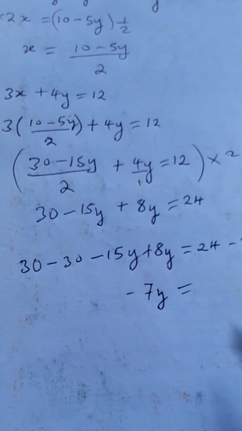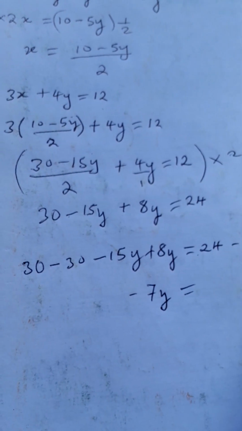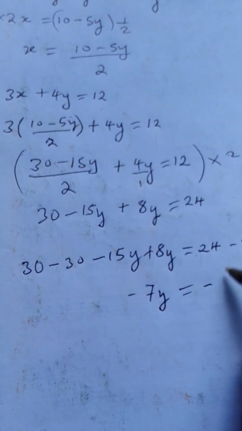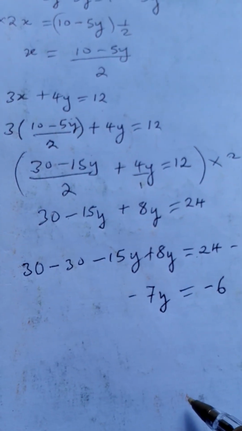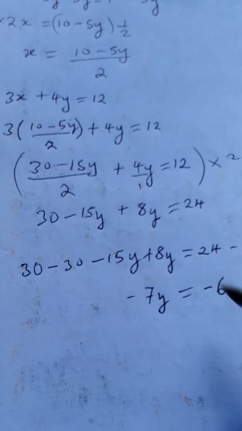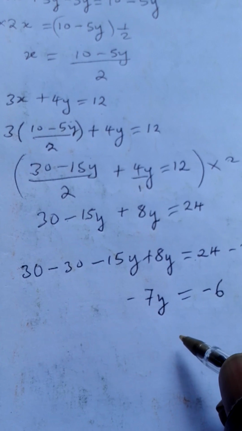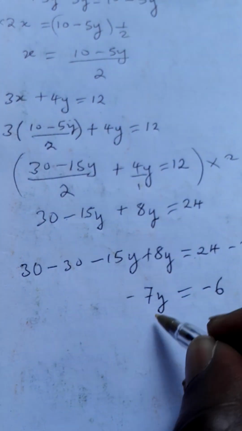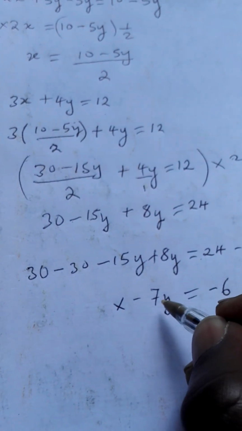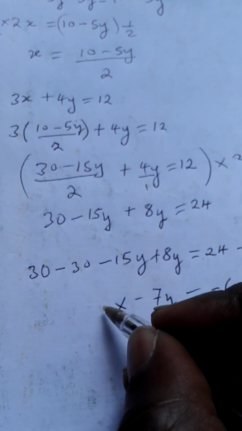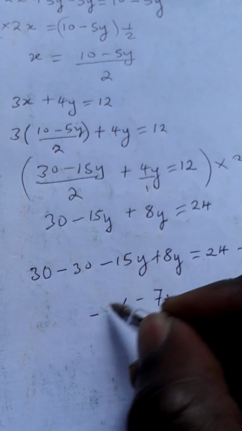And then this is going to be 48 minus 30, which is 18.